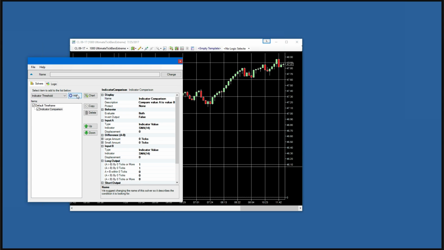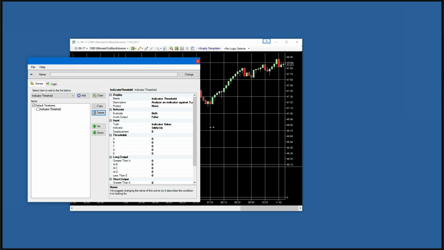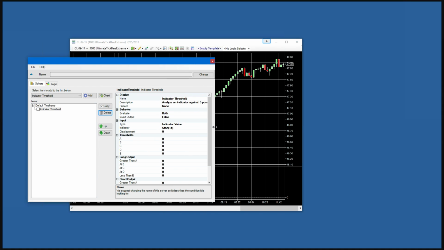Let me tell you about this for a minute, guys. The way we coded a lot of the indicators that we do at IndicatorSmart is we code them for Bloodhound. These make it really, really easy to code.